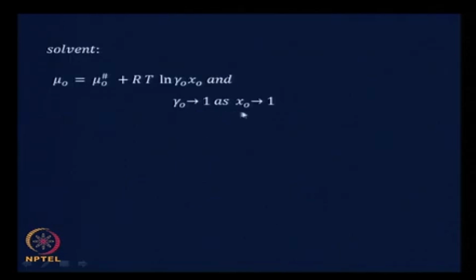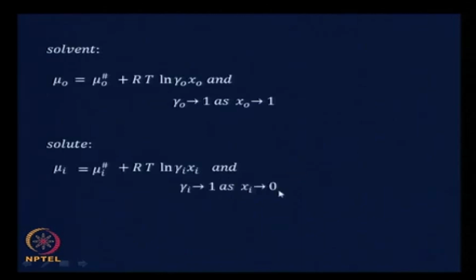For example, mu_O equals mu_O hash plus RT ln gamma_O x_O, and gamma_O tends to 1 as x_O tends to 1 for the solvent, and for the solute mu_i equals mu_i hash plus RT ln gamma_i x_i, and gamma_i tends to 1 as x_i tends to 0. This is for the solute, and both these put together as equation 4.9.